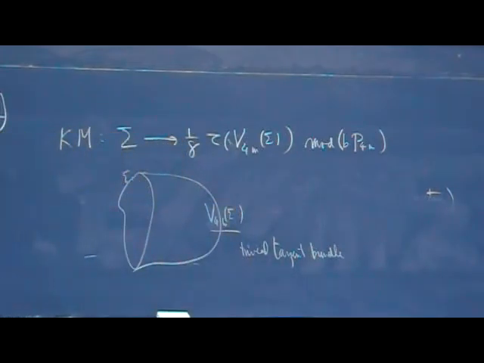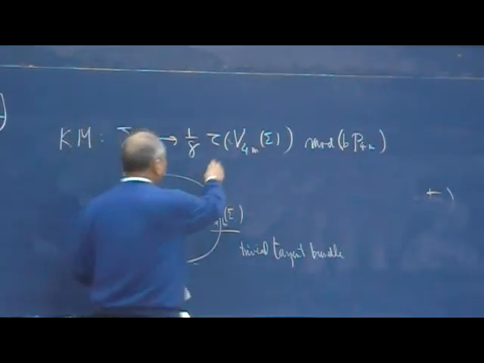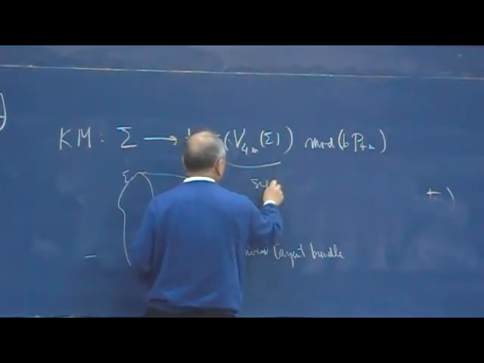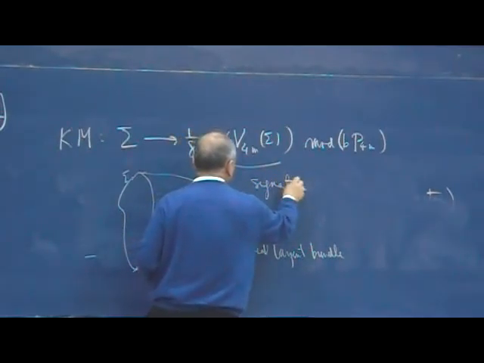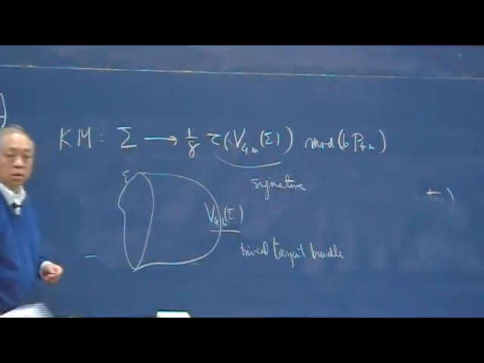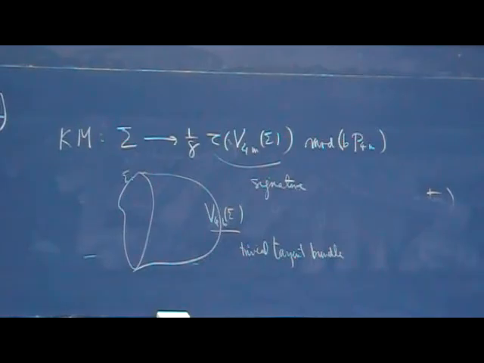There's something called the signature. Okay, this is the signature. The signature comes from the pairing for even dimensional manifolds.